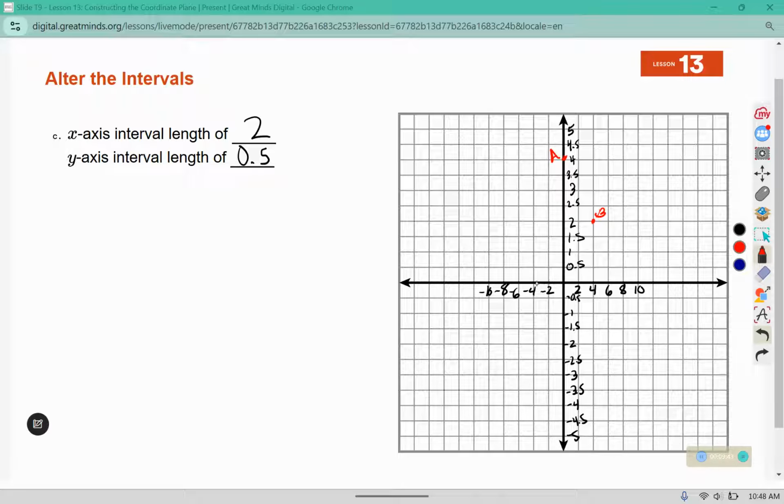Negative 5, which is in between negative 4 and negative 6. 0. D, 2, negative 1. E, negative 2, negative 1.